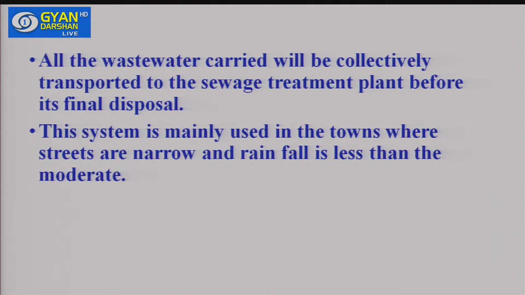All the wastewater carried will be collectively transported to the sewage treatment plant before the final disposal, where it will be treated, as I told you. This system is mainly used in towns where streets are narrow and rainfall is less than moderate. So this is the situation where we can use the combined sewerage system.